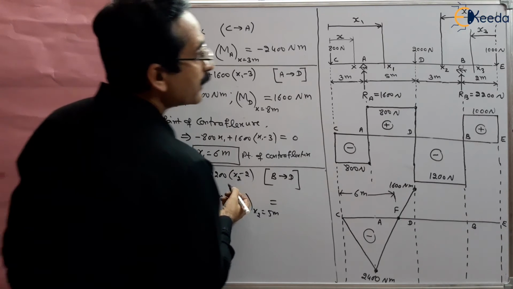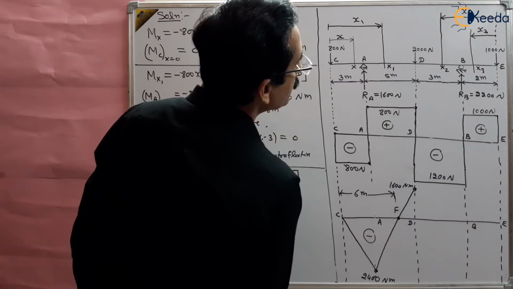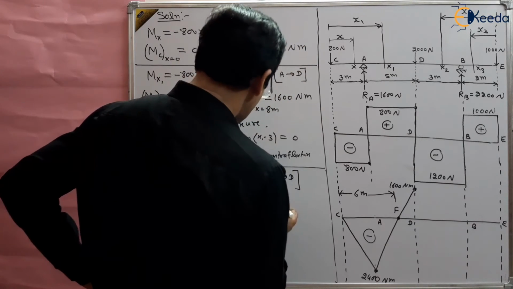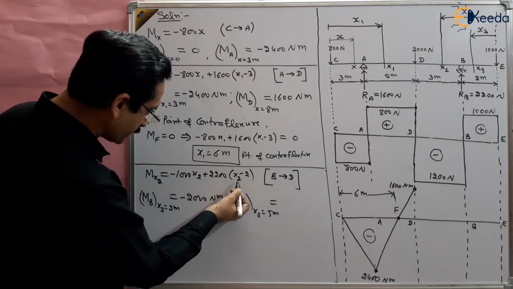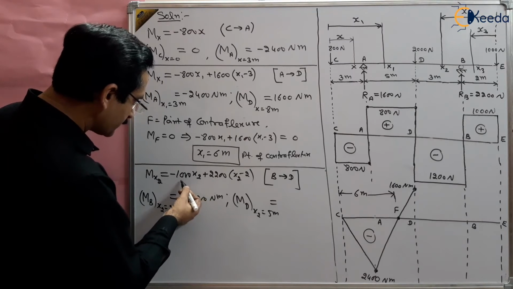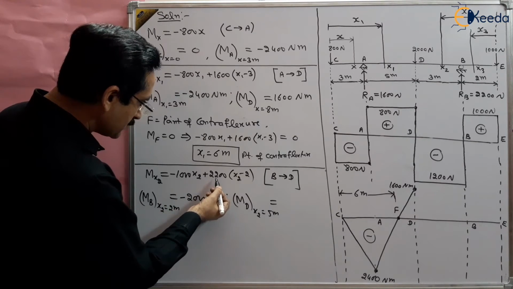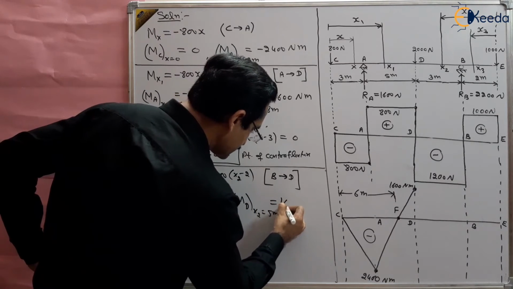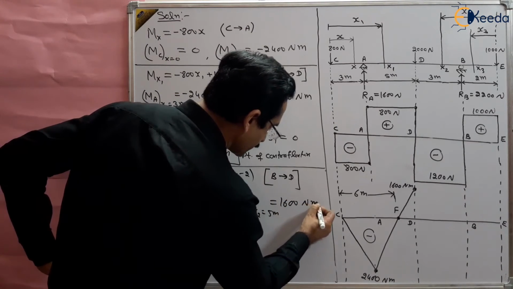Put the value here. D is at a distance of 5 meters from there, so put the value 5 here, and here also 5. So this is 5000 and this is 6600, so basically 1600 Newton meter.